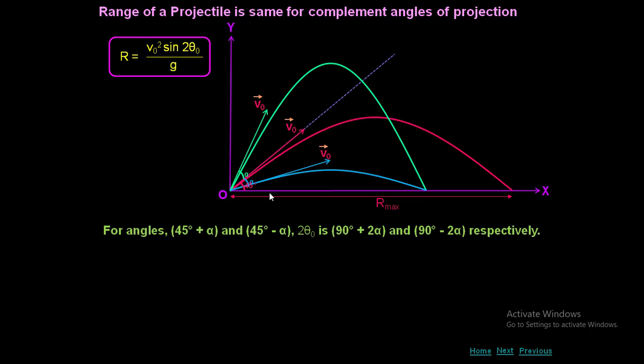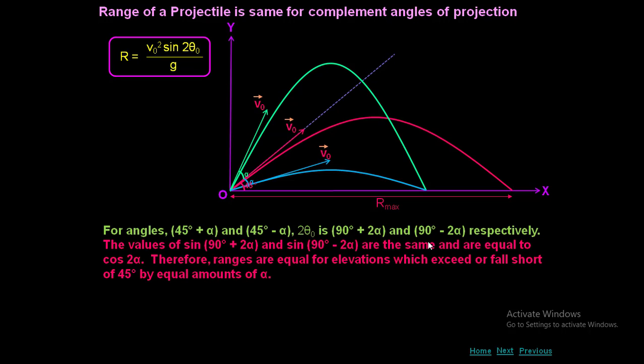So for angles 45 plus alpha and 45 minus alpha, 2 theta naught is 90 plus 2 alpha and 90 minus 2 alpha, because here it is 2 theta, right? So theta naught is nothing but 45 plus alpha or 45 minus alpha. If you multiply this by 2, you're going to have the expression as 90 plus 2 alpha and 90 minus 2 alpha respectively.